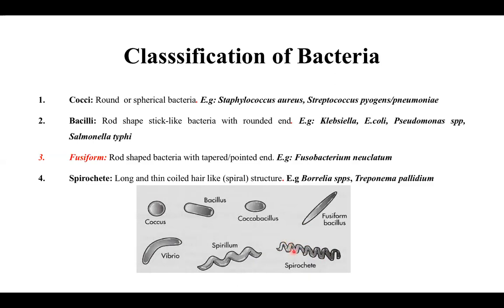The distance between the second and third coiling is also 1 micrometer, and between the third and fourth coiling is also 1 micrometer. Long and thin bacteria that coil at a regular distance are known as spirochetes. Examples are Borrelia and Treponema pallidum.